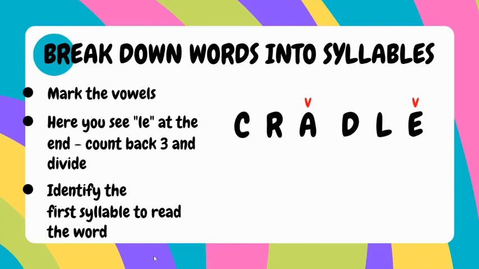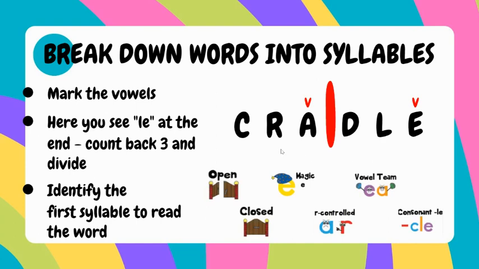Next we have cradle. And here we identify the vowels, which is the A and the E. We have the consonant, and then we have an L and an E. Whoa. So this follows the rule. We can never split the D and the L up, and we can never split the L and the E up. So with that being said, we know that we have to split this word up between the A and the D. And so it's a two-syllable word, cradle, cradle.